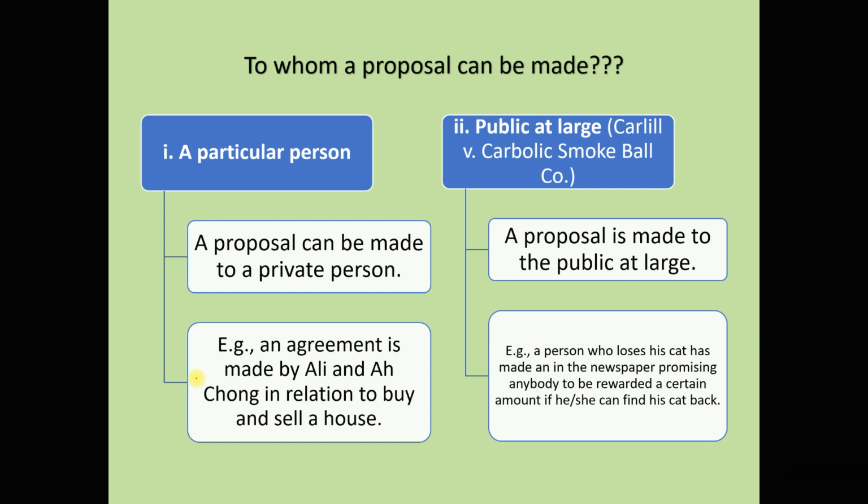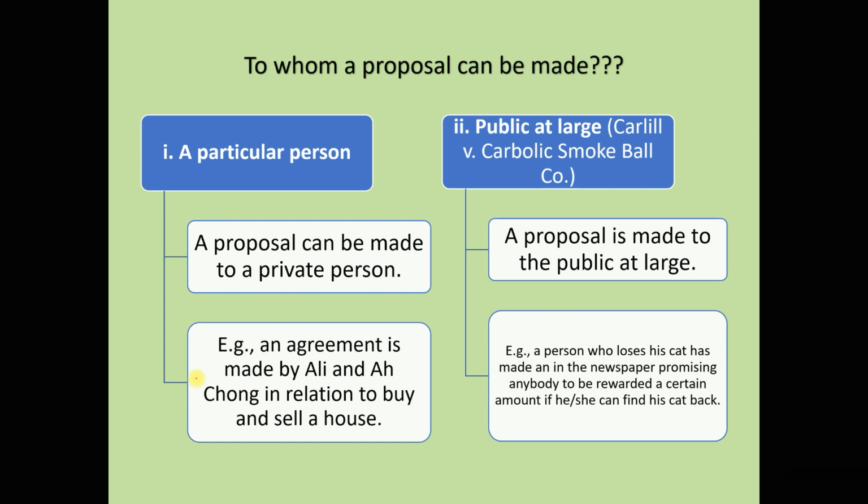It does not mean it is made without any specific names for the other party. For example, when a person who loses his cat makes an offer in the newspaper, promising to reward a certain amount of money to anybody who finds his cat and returns it back.